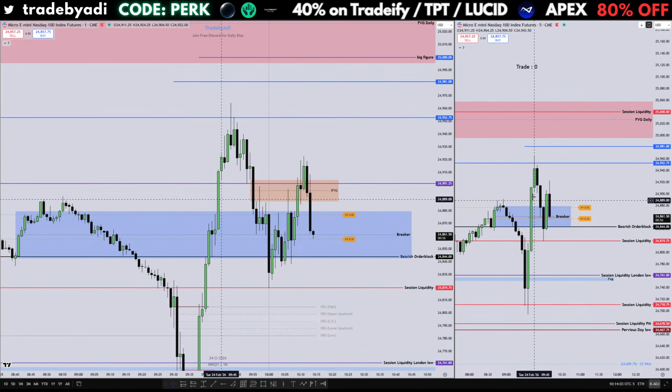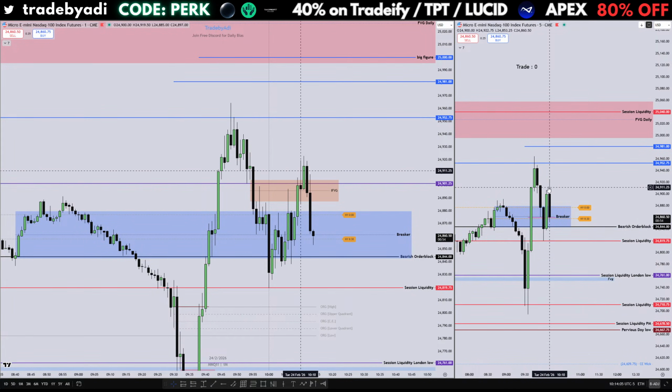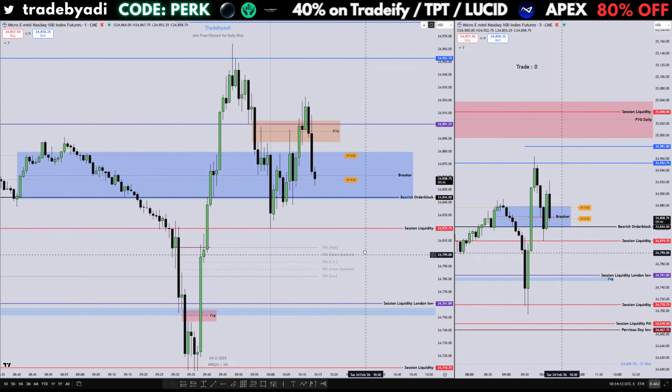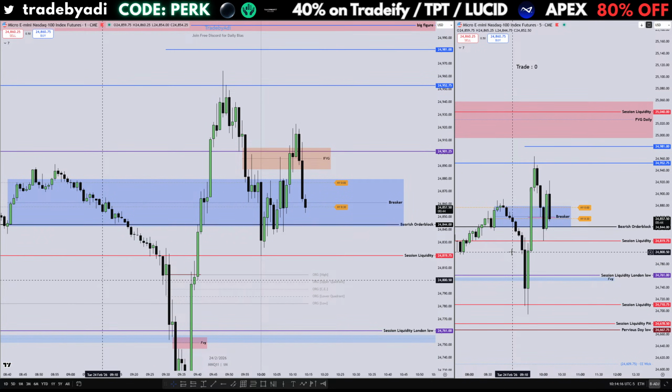If the two time frames are showing me, okay, if market wants to go below, the 5 minute and the 1 minute, then it will be interesting. Otherwise, it is low probability for me.